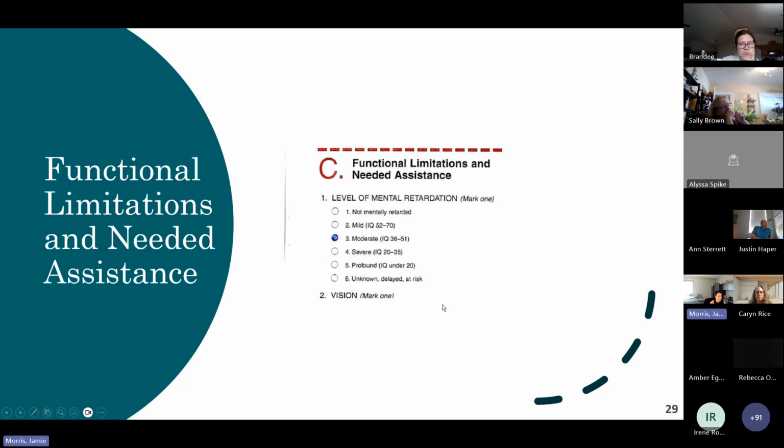So here's our example. Because our Michelle is diagnosed with a primary diagnosis of MR, we are able to mark number 3 for moderate. We know that her IQ is in that score range between 36 and 51.